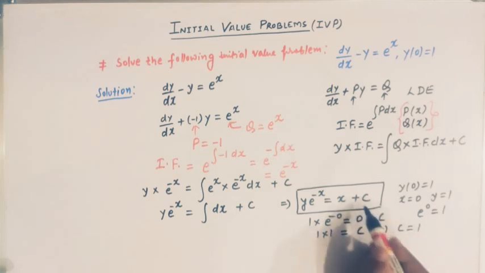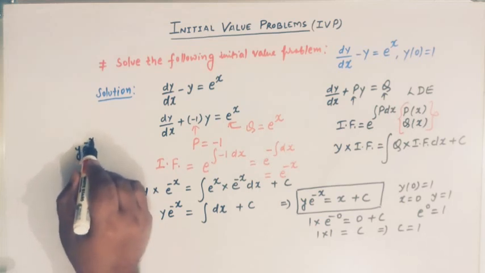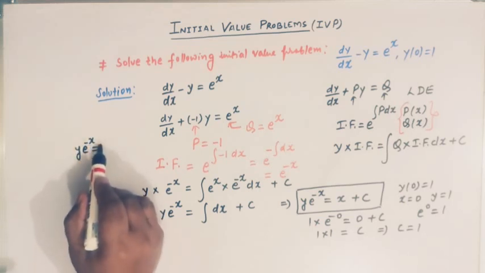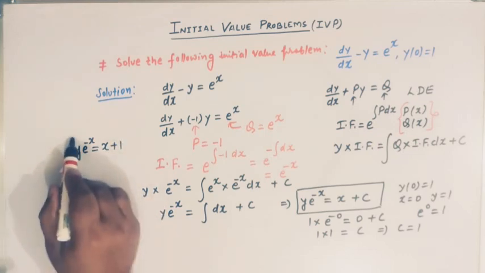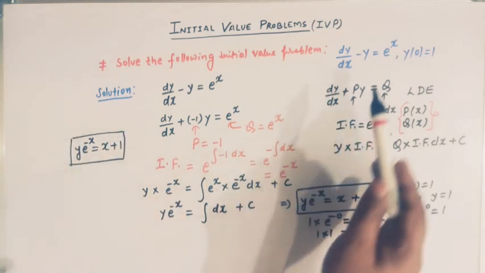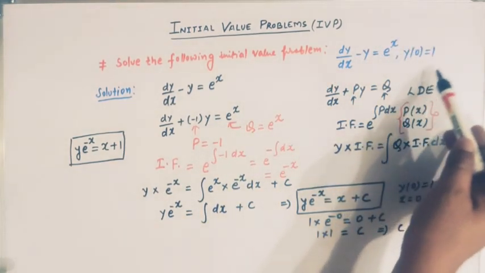So let us substitute this value of c over here. So we have y times e raised to minus x is equal to x plus 1. So this is the solution of this differential equation given this condition.